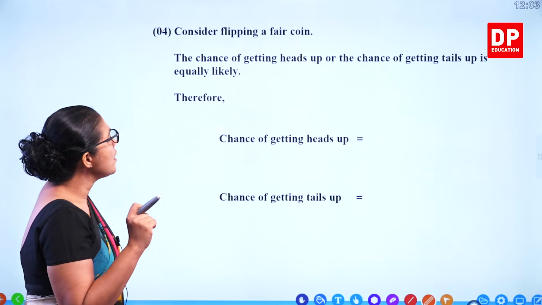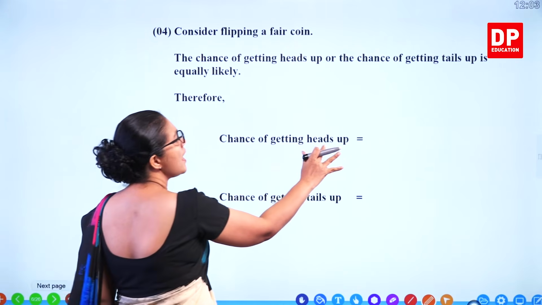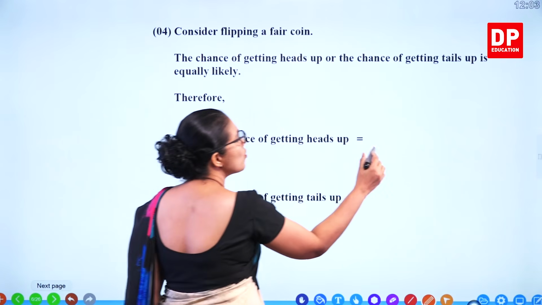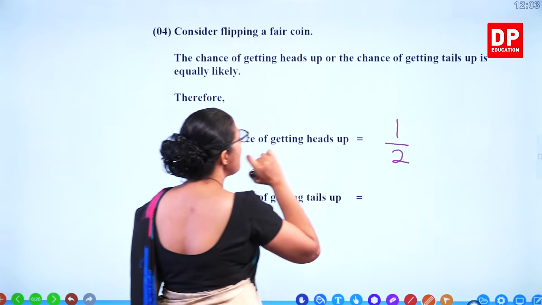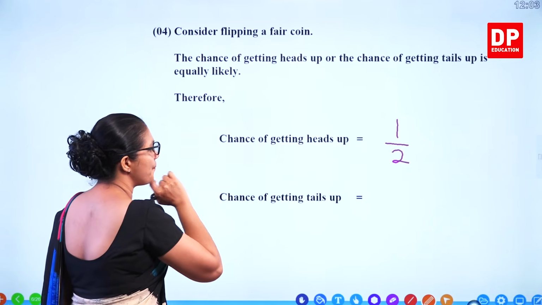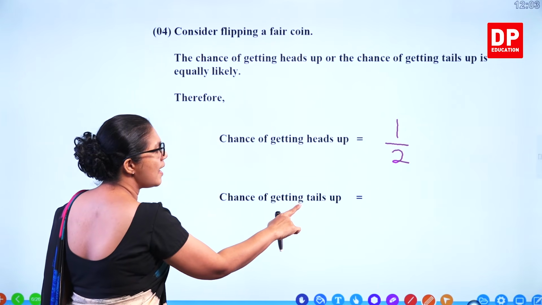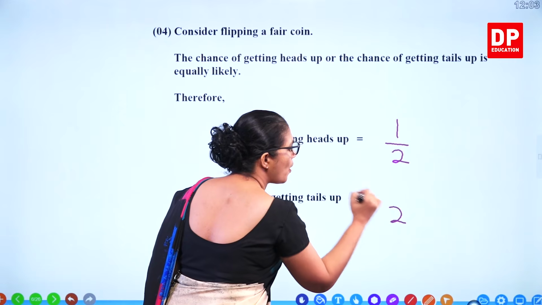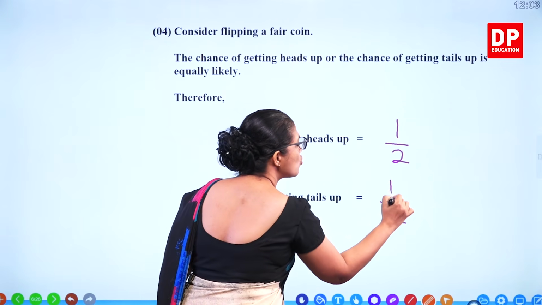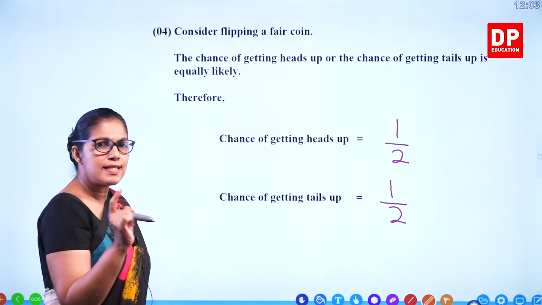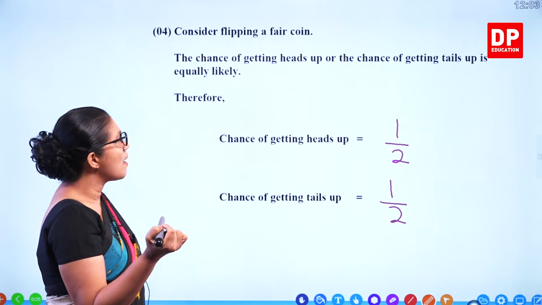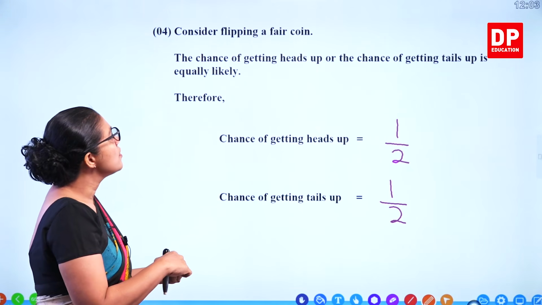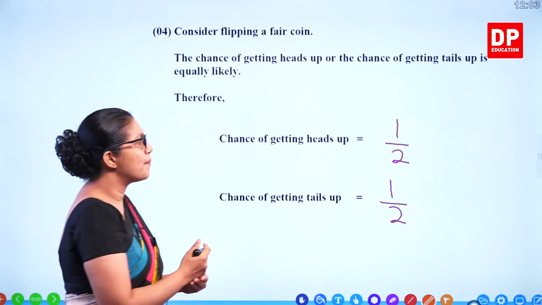How can you write down the chance of getting heads? Out of 2 possibilities, you can get 1 possibility of head. Out of 2 possibilities, the chance of getting tail is 1. So the likelihood of getting heads is a half.